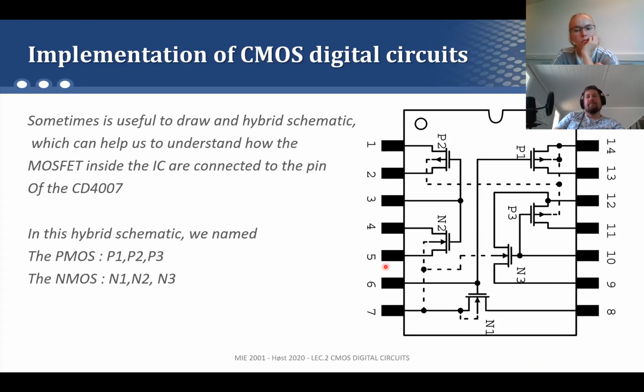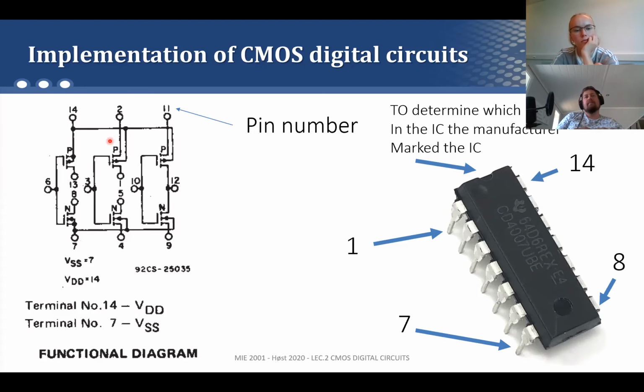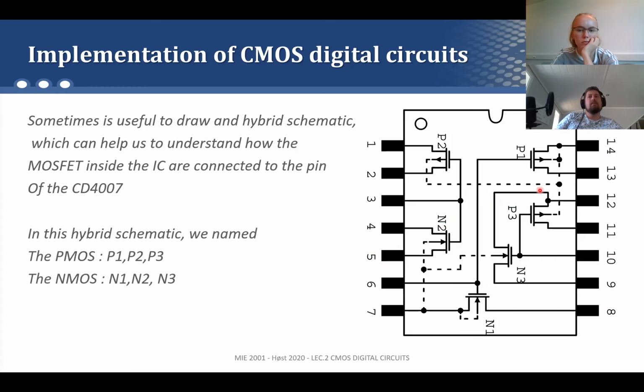This one is the representation of the MOSFET that you can find in the datasheet. However, it may be more useful for you to do a hybrid representation between this one and this one here, which is this one here. In this way, you can understand better how the MOSFETs are connected to the different pins.